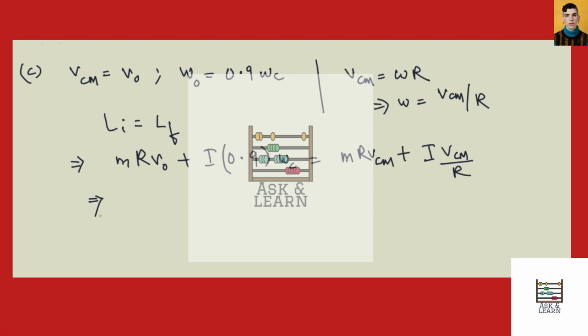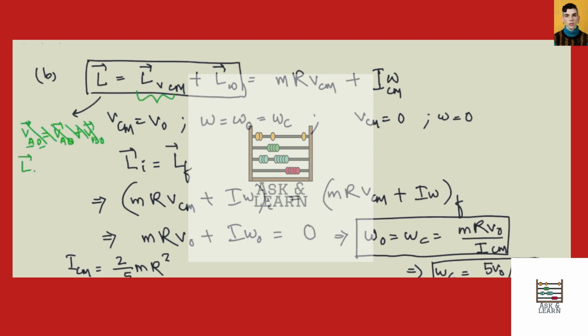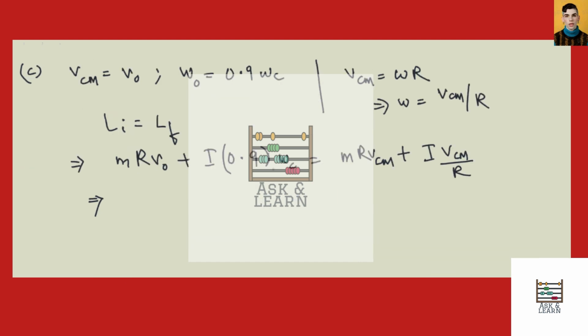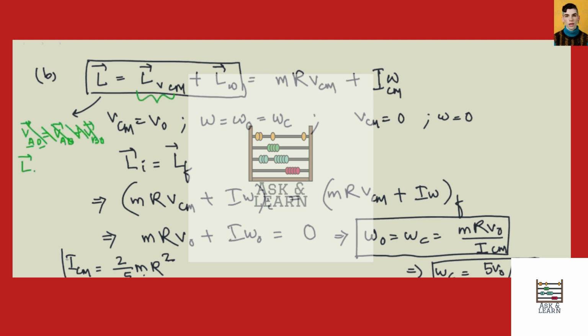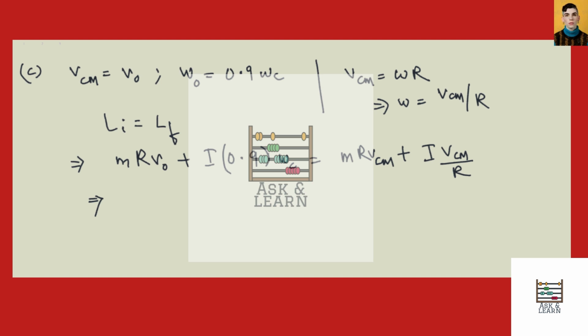Now we can simplify this equation in order to get the final velocity. So first we can substitute the value of omega c that we calculated here, and also express I in terms of mass and radius. So basically use this relation and this relation over here and solve for the velocity of center of mass.